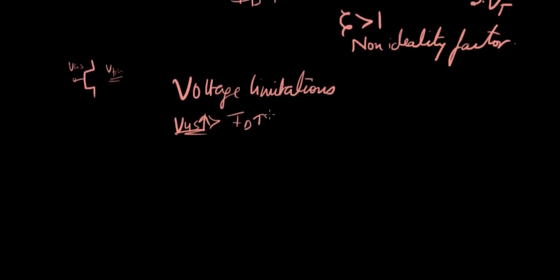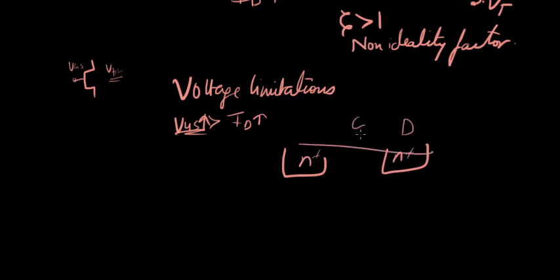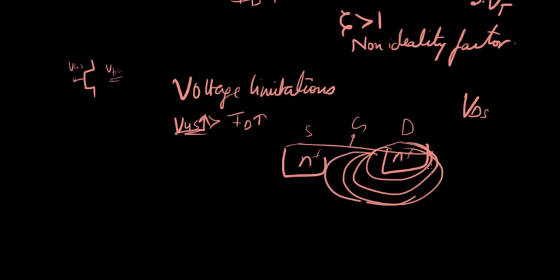And one more thing is, if you look at a MOSFET, and this is the drain, the gate, and the source. If you have a very large VDS, the depletion region around the drain starts increasing as you increase VDS.